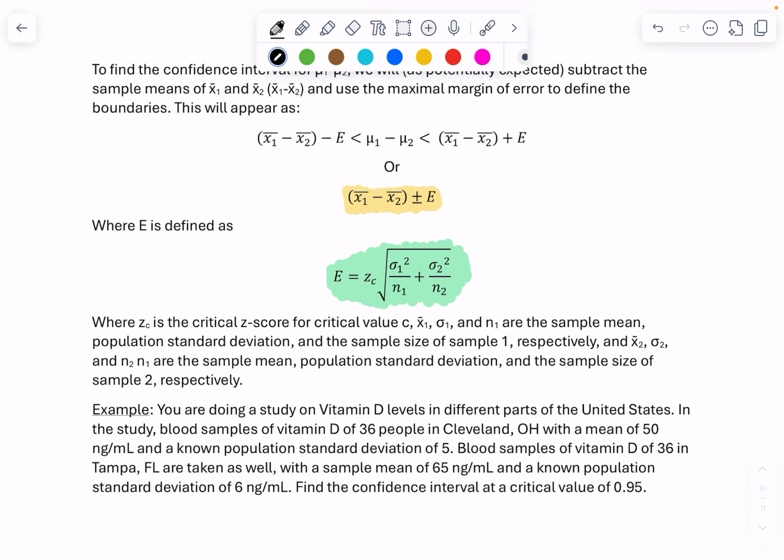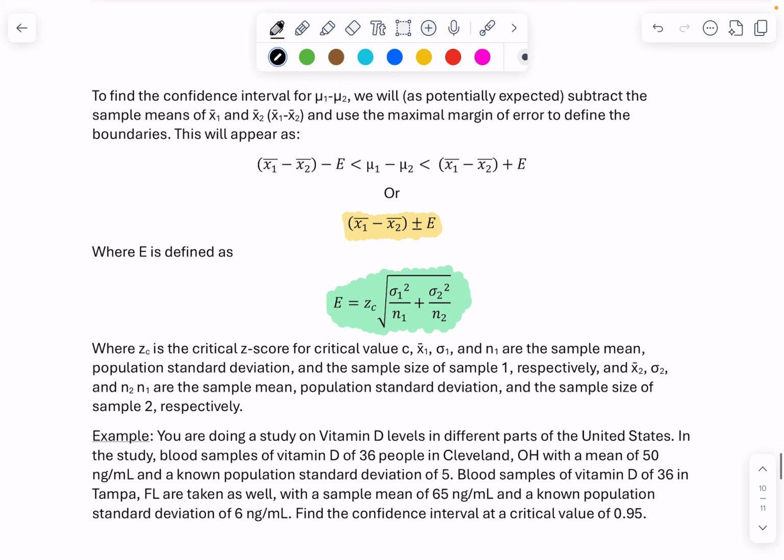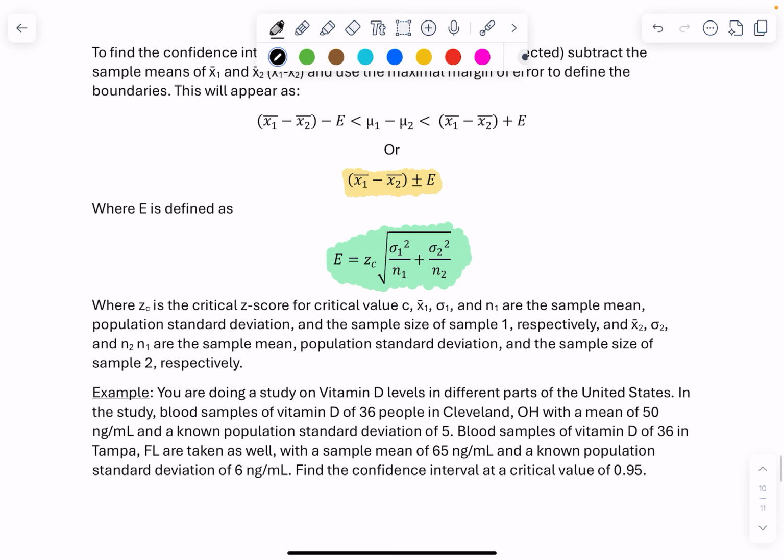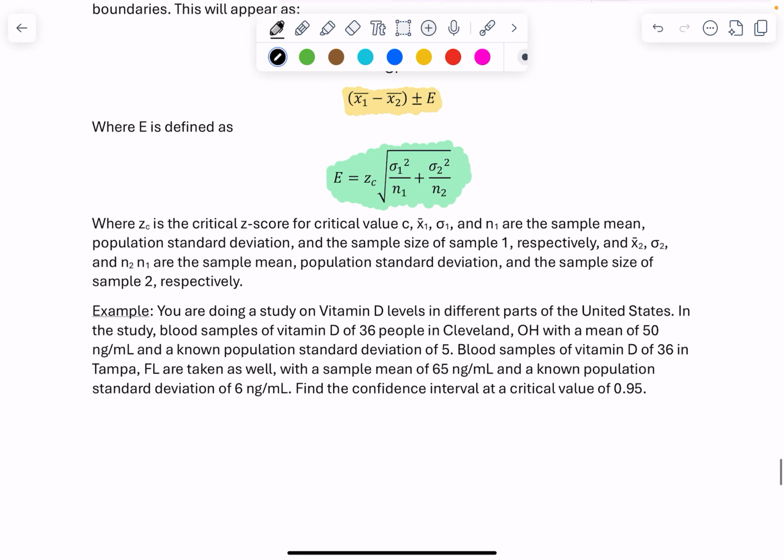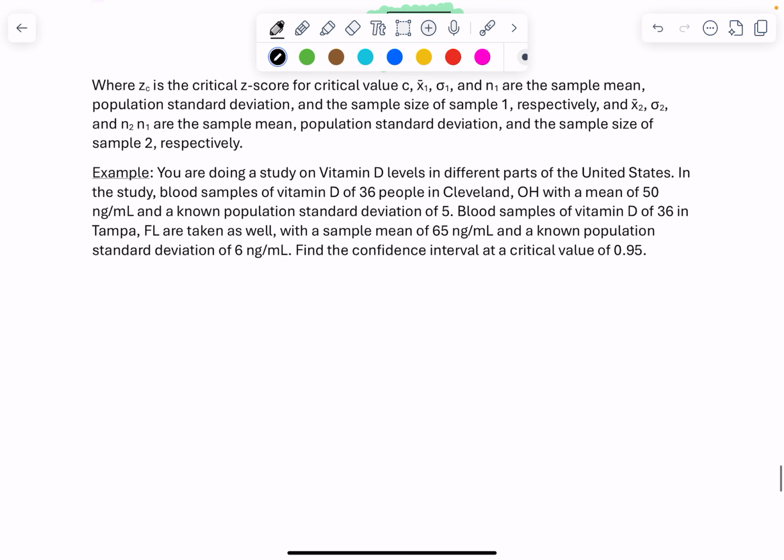Now we can continue separating the margin of error, but we can write everything out as it is too. Here, let's combine the equation that we have in yellow and the equation that we have in green so that we see all of it together.